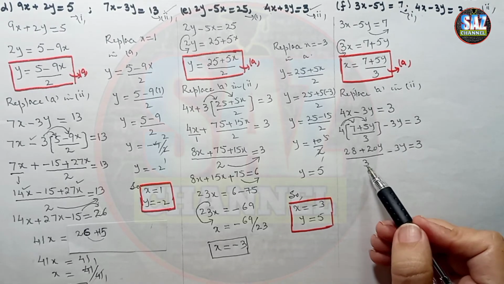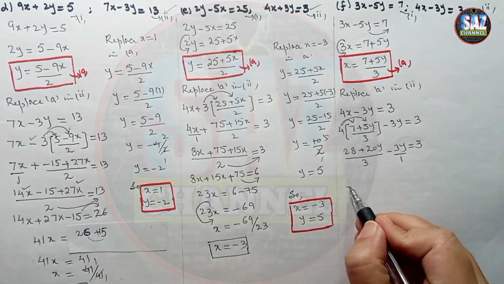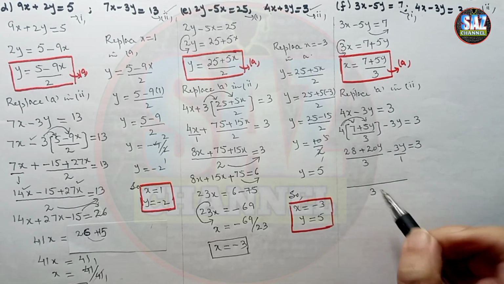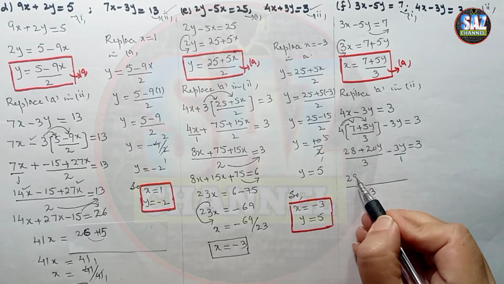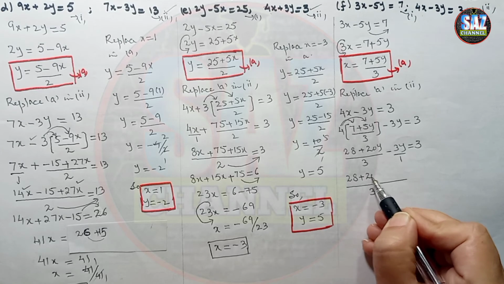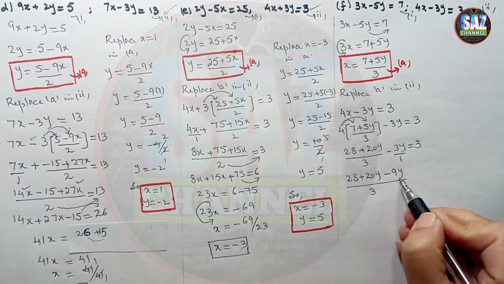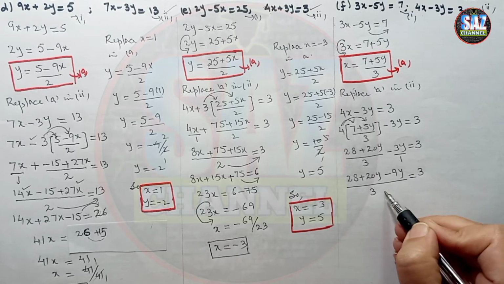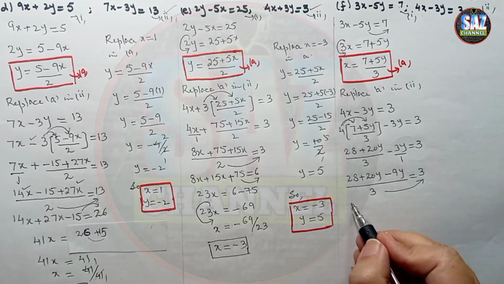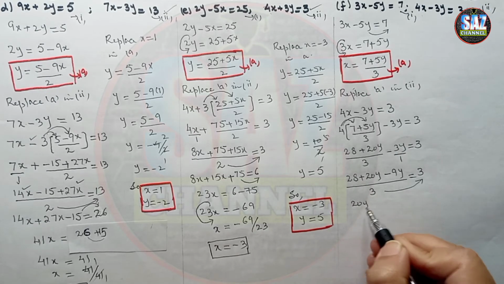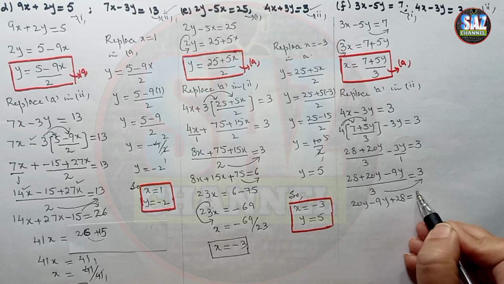Now first of all, in order to get the value of y, I have to take the LCM, and the LCM will be 3. Now LCM and denominator are the same, so the numerator will come as it is: 28 plus 20y minus 9y equals 3. Shift 3 to the other side, and the equation will take the form 20y minus 9y plus 28 equals 9.